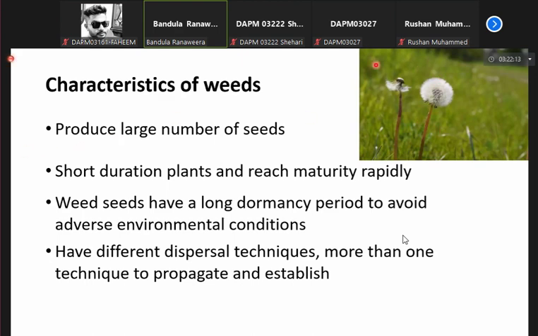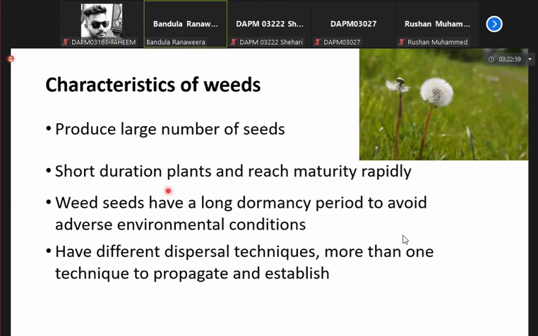They produce a large number of seeds per plant, and they become mature within a very short time period, and they quickly reach maturity. In that way, they complete the life cycle very quickly. So within a short period of time, they establish themselves in a place, start flowering, start seed maturity, distributing it and dying, just like insects also.